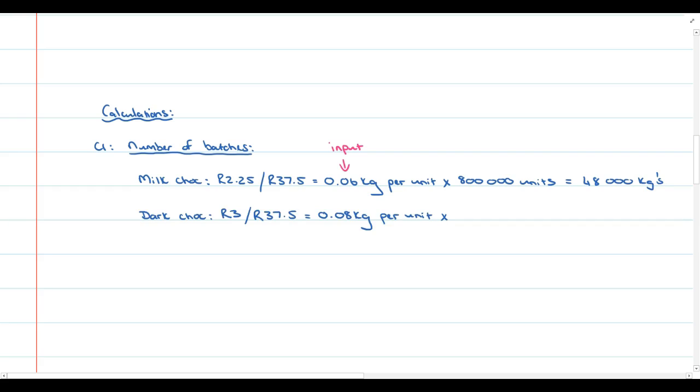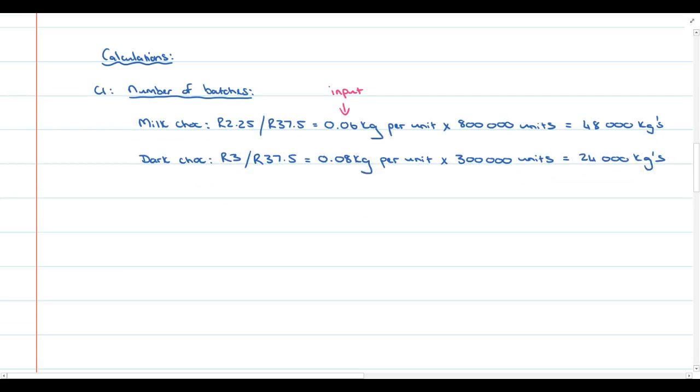And they expect to produce 300,000 units for the year ended 31 October 2020. So that means they need to input 24,000 kilograms of cocoa beans into the production process. All right. So let's calculate the number of batches.